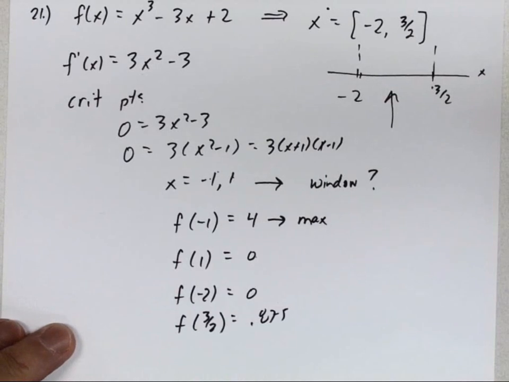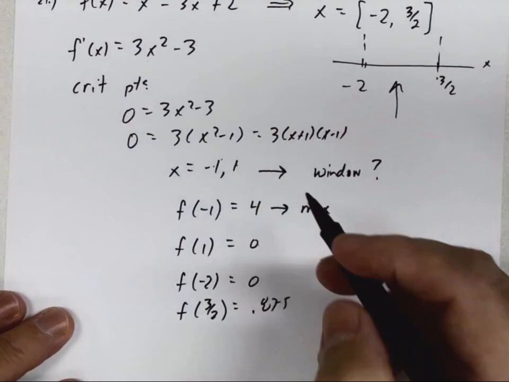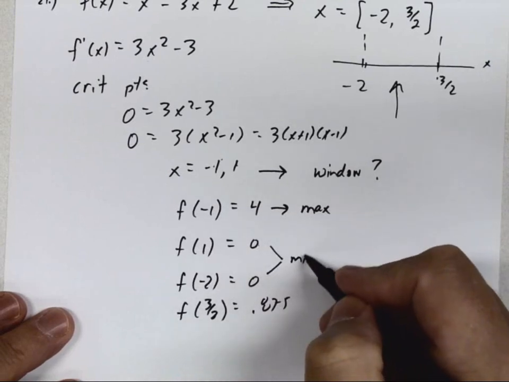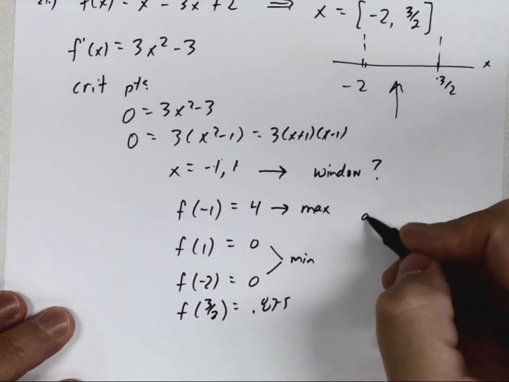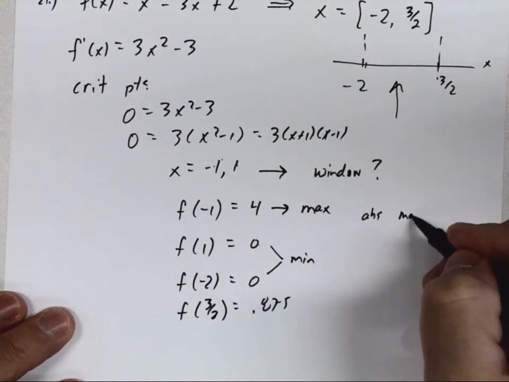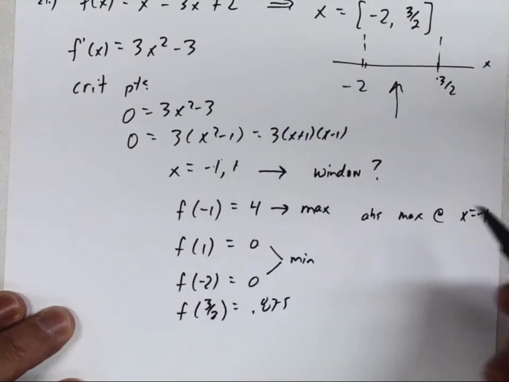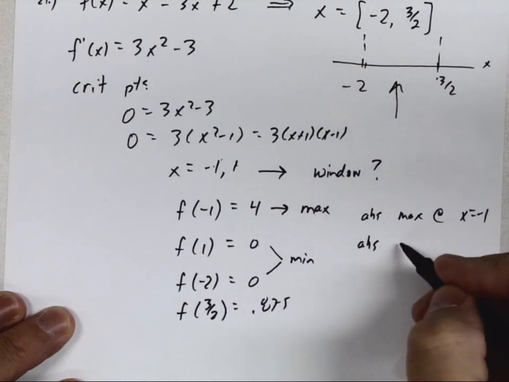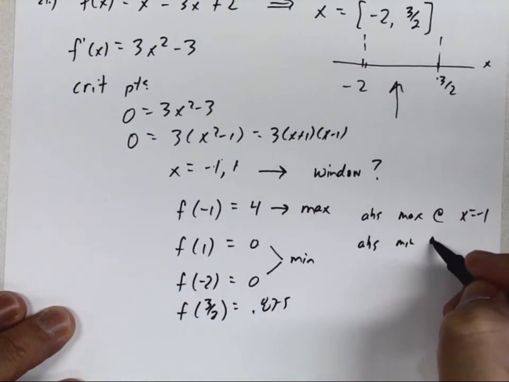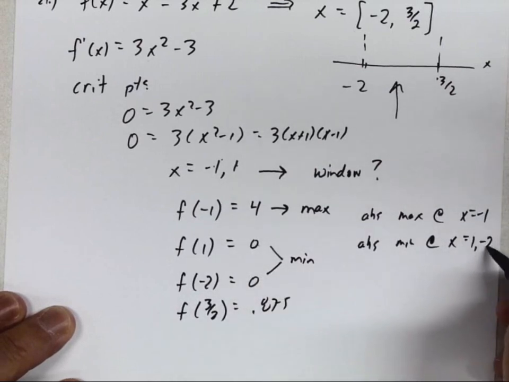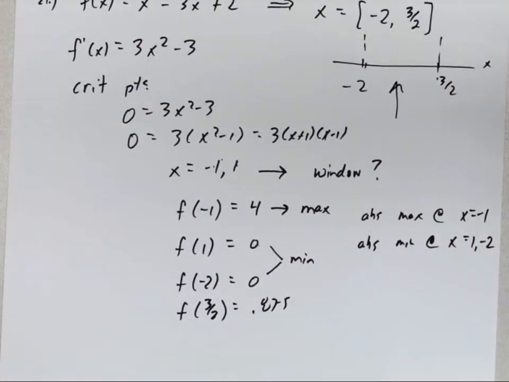For the minimum, you say which of these values of the function is the smallest. And actually, there are 2. So you say the absolute maximum occurs when x is -1, and the absolute minimum occurs, you have two possibilities, when x is either 1 or -2. They're both the same.